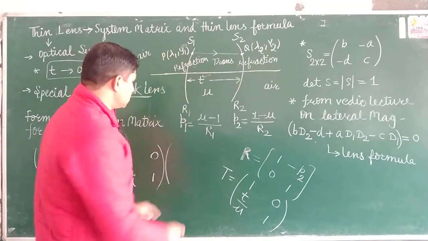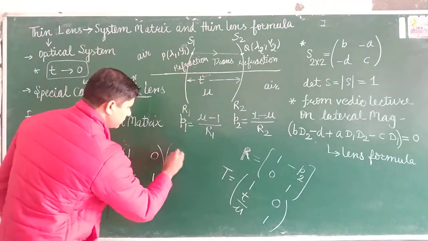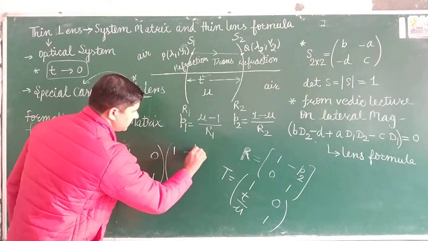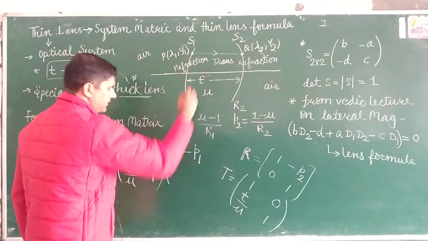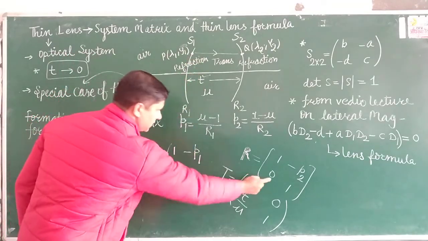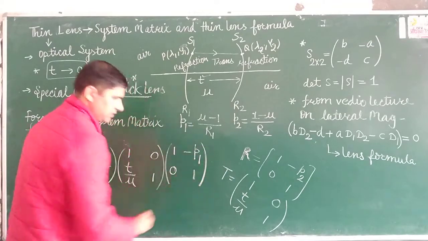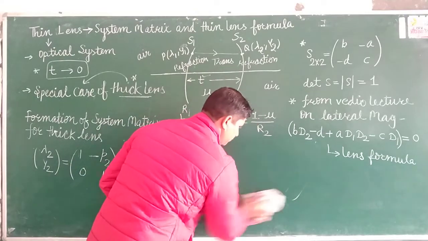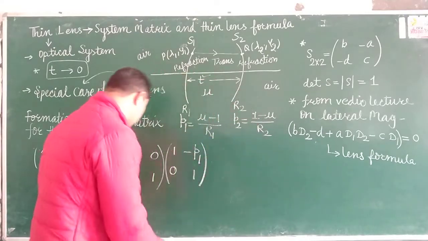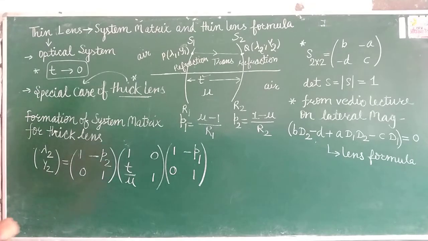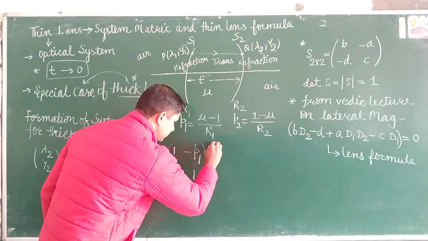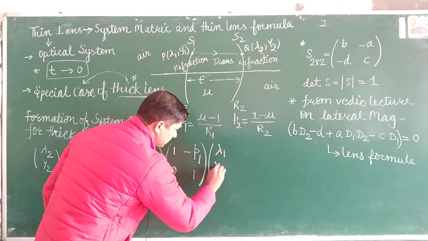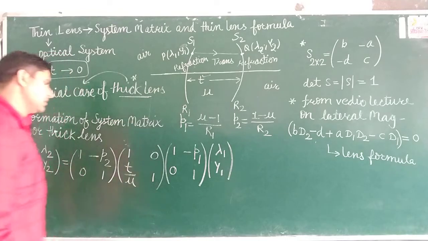So again you will write the elements of the refraction matrix, and here the power will be P1, the power of the first refracting surface, then you have 0, and then you have 1, and in this way you can connect the optical coordinate of point Q on the second refracting surface, and the optical coordinate of P on the first refracting surface, and the optical coordinates on the first refracting surface are lambda 1 and y1.